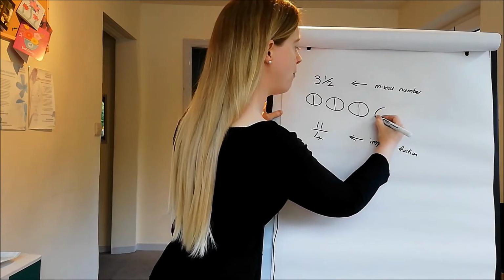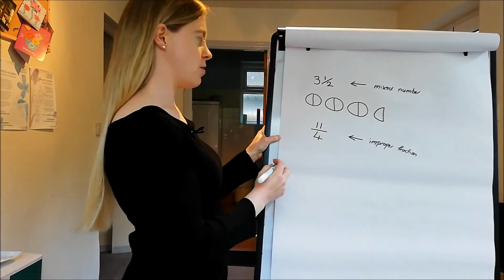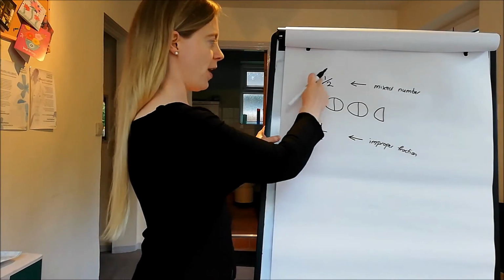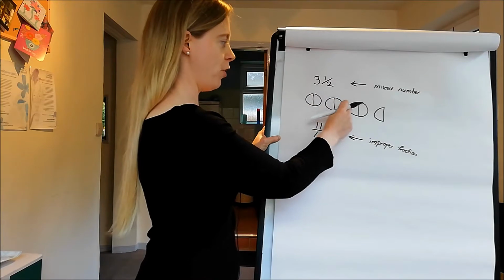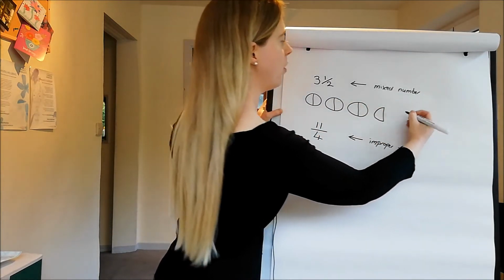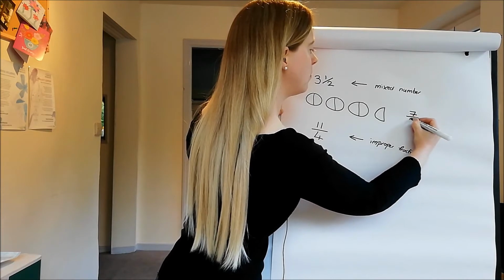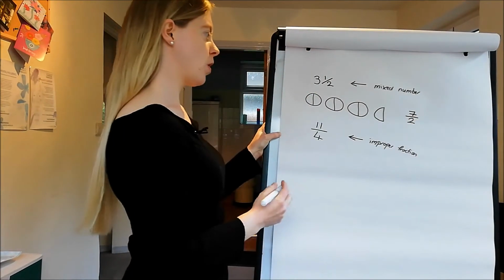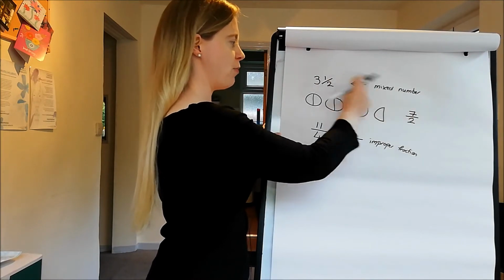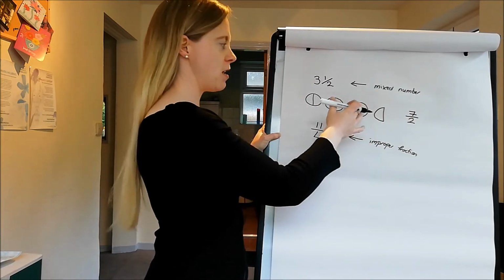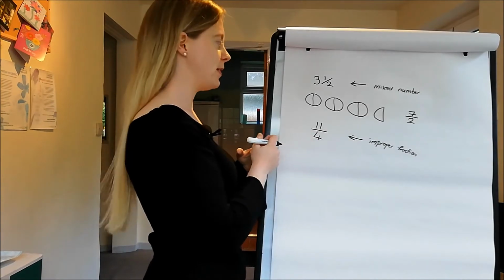And then the half bit on the end of the 3 means we'd have an extra half of cake as well. So that tells us that 3.5 equals 1, 2, 3, 4, 5, 6, 7 halves of cake. So 3.5 and 7/2 represent the same amount of cake. They just look like 2 different numbers, but they actually represent the same thing.